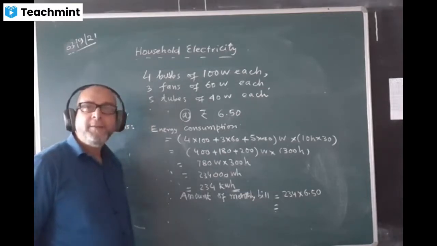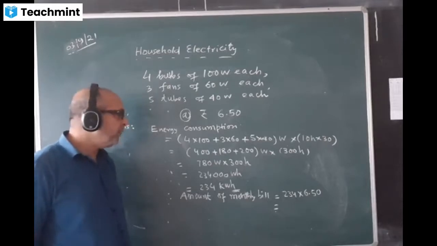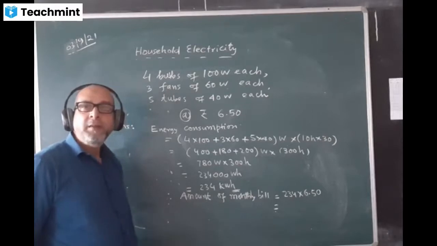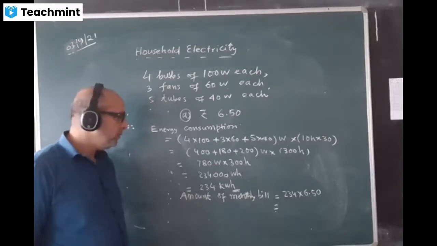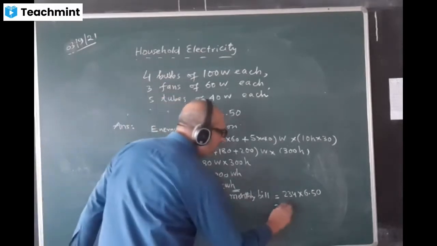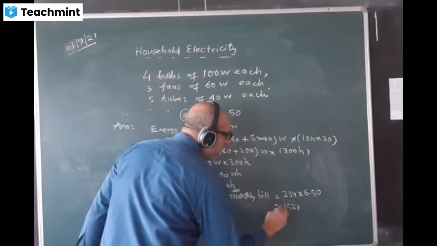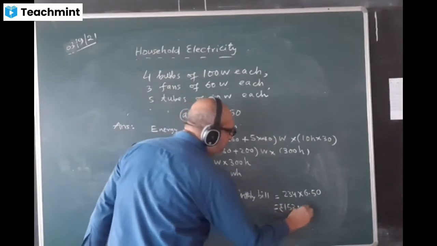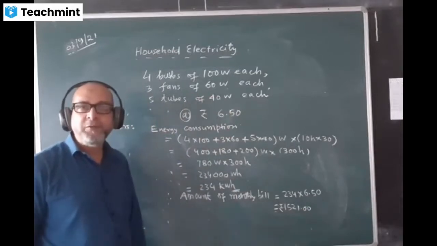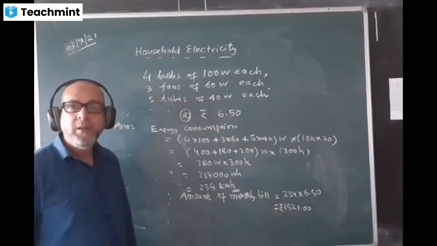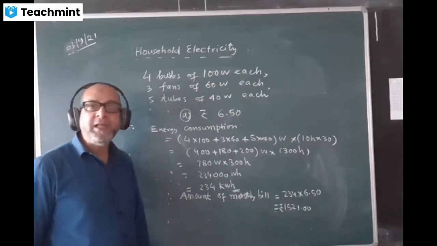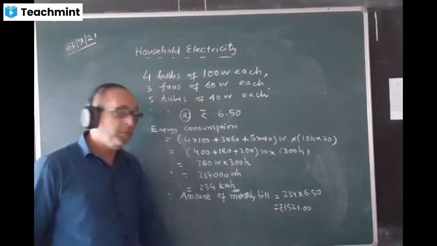Please multiply 234 into 6.50. Give me the answer, any one of you. 1521. You can write 1521.00, this much rupees and 0 paise. You have to write rupees calculation in two decimal places. This will be your monthly bill.